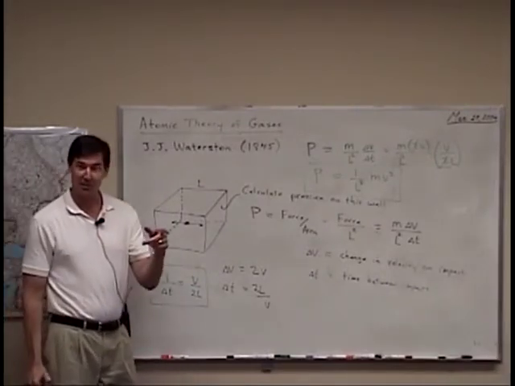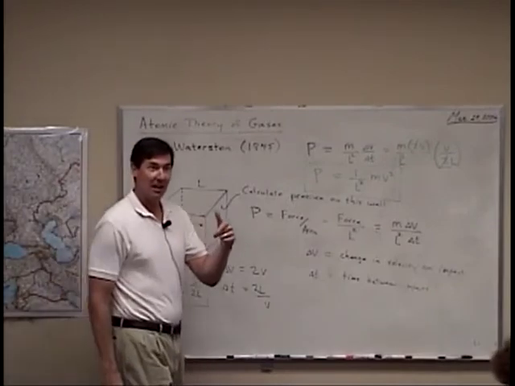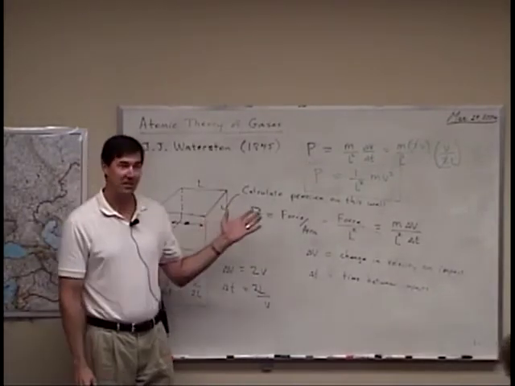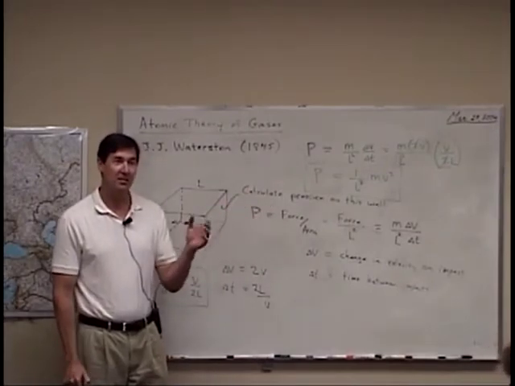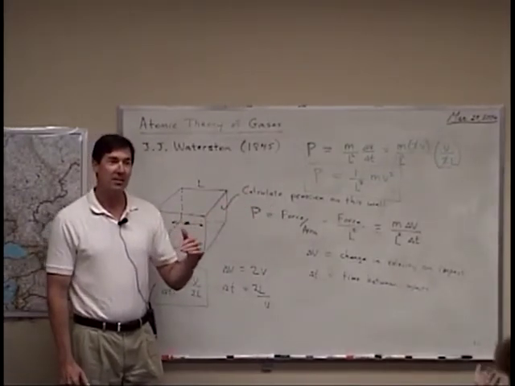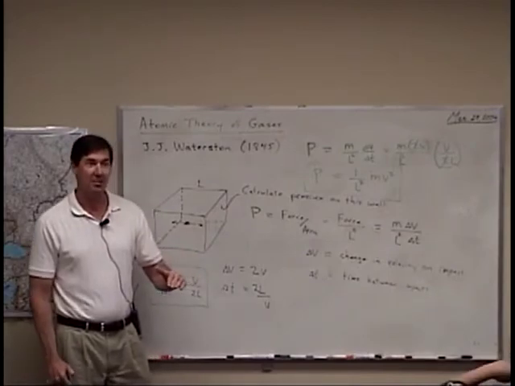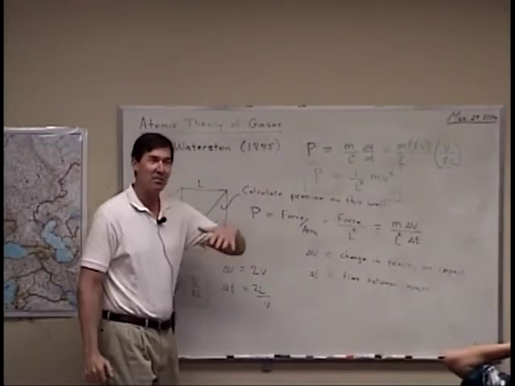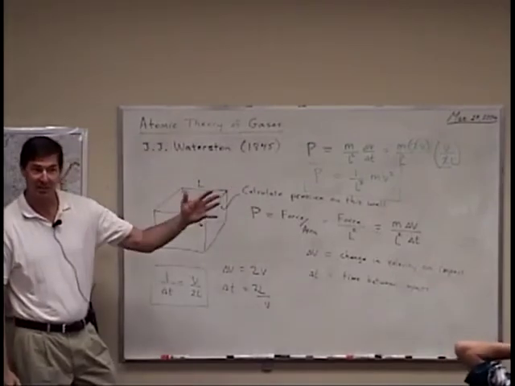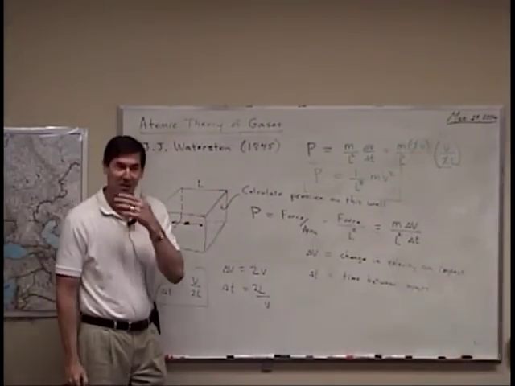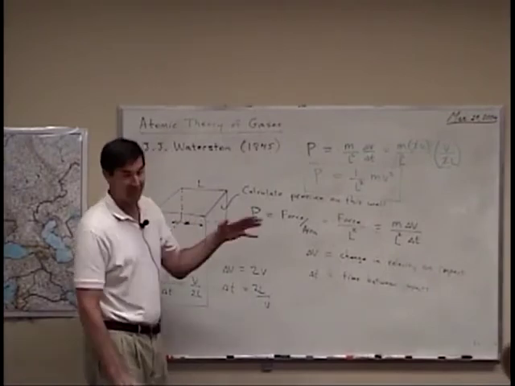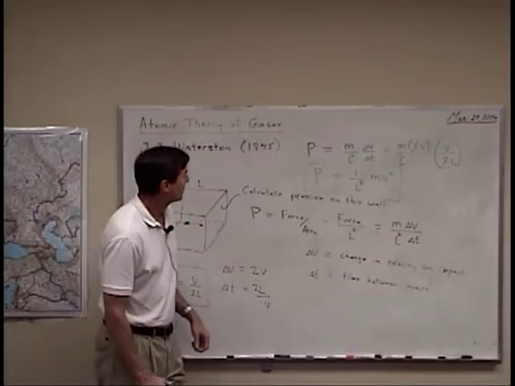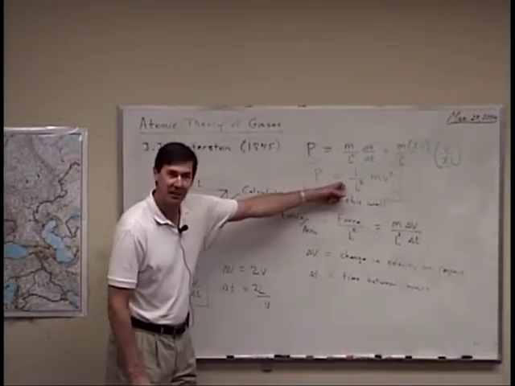We've already seen scientists, chemists, and physicists figure out that hydrogen is the lightest of the atoms, and an oxygen atom weighs 16 times as much. They figured out these relative atomic weights. Keep that in mind. We're going to get to that in a minute. But I'm not quite done here.